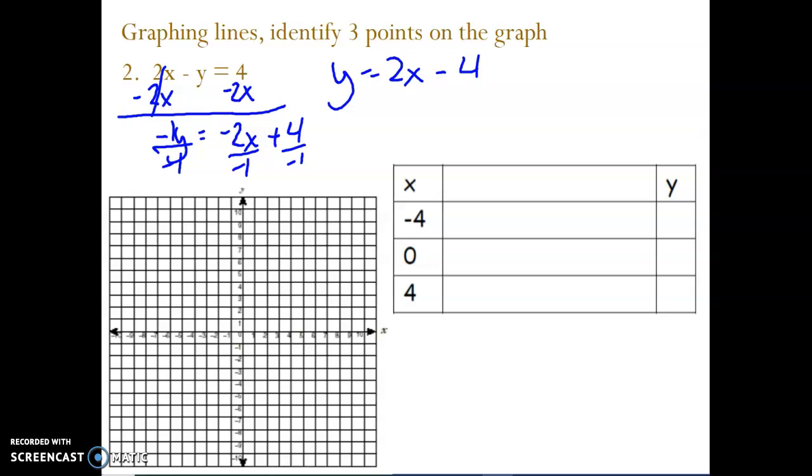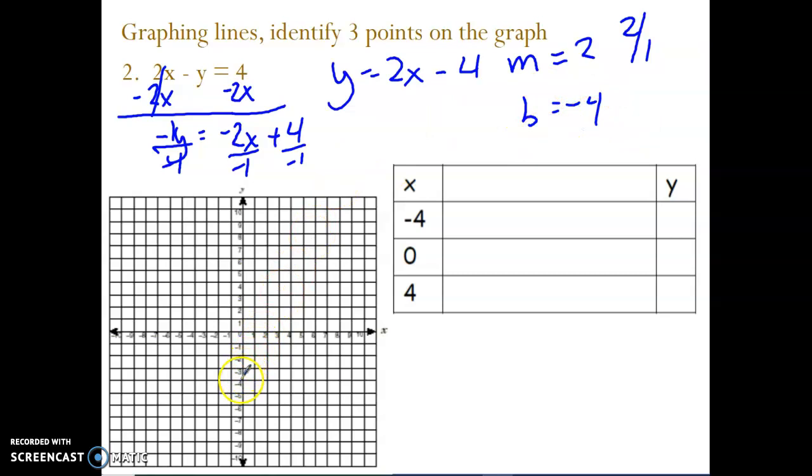Okay, so let's graph it. You guys tell me, what is m? What is b? Well, m is 2. It's the coefficient on x, which is the same thing as 2 over 1, so I can work with that fraction. And then b is negative 4. Don't forget about the negative sign. Okay, so now let's put this one on here. First, I'm going to go to the y-intercept.